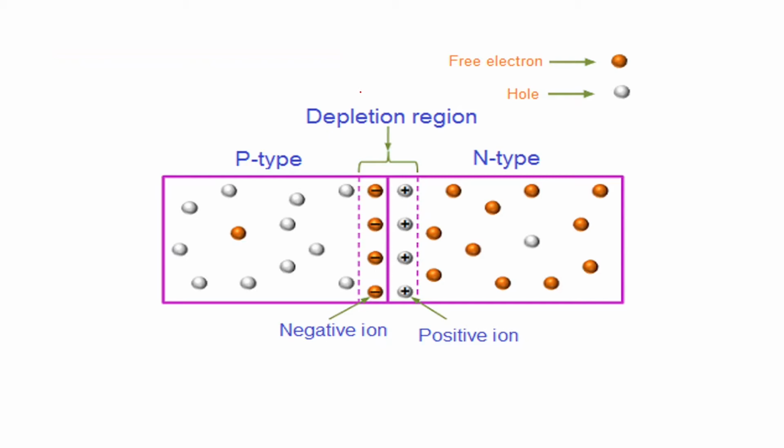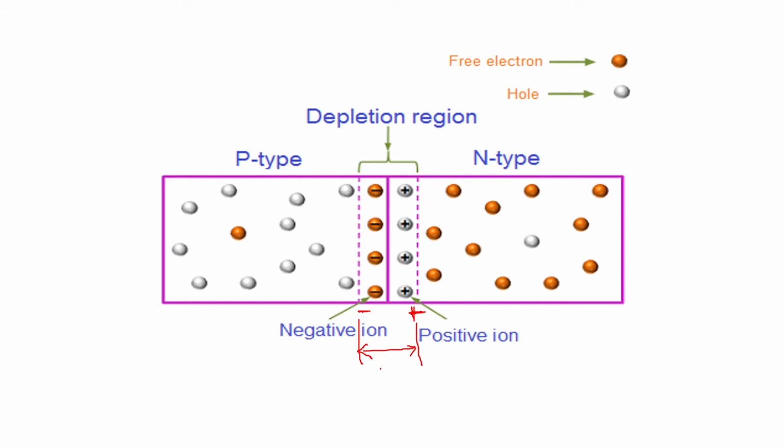Then in the same depletion region, you can see this positive ion, which can be taken as a positive charge here, and this negative ion, which can be taken as a negative charge. This will have its own electric field and its own voltage, called potential, and that voltage is going to oppose the main current flow of the PN junction or diode.